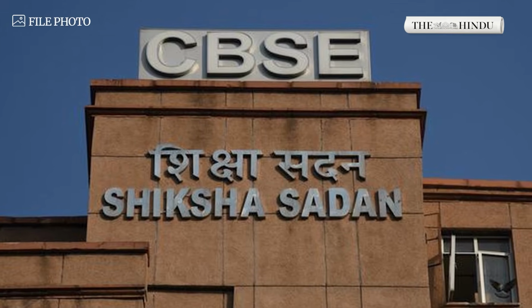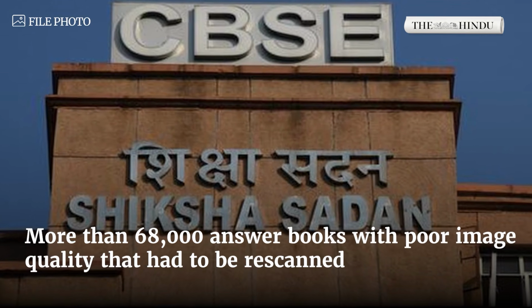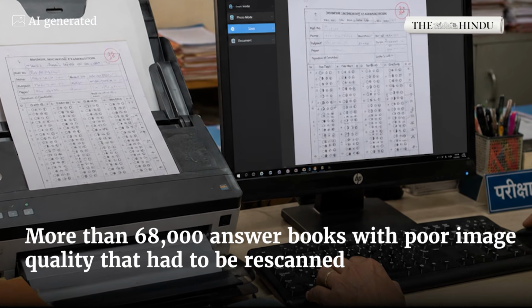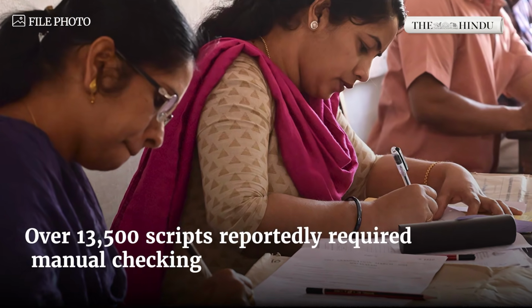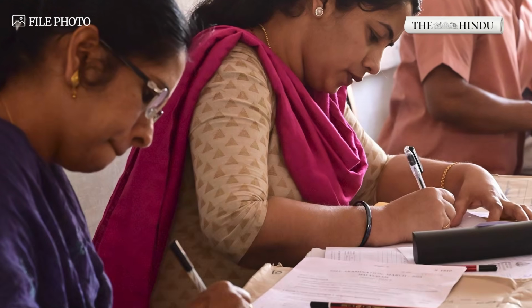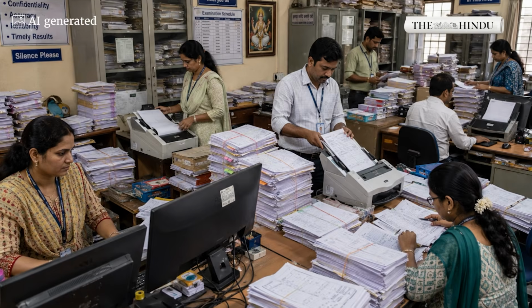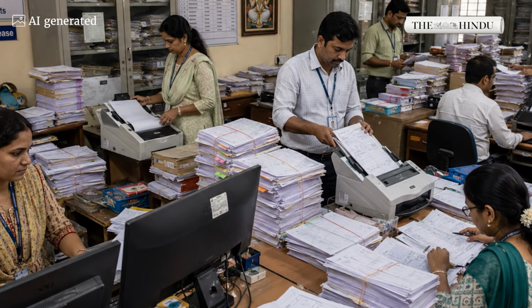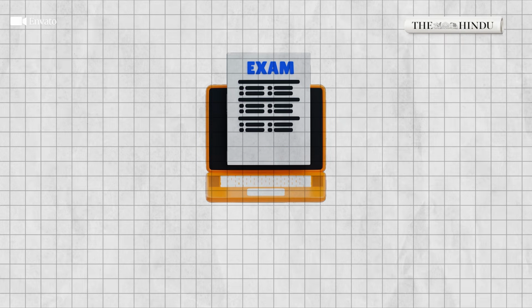The CBSE says it identified more than 68,000 answer books with poor image quality that had to be rescanned. Over 13,500 scripts reportedly required manual checking because they remained illegible even after repeated scans. That number alone tells you the system was already struggling under pressure. Now, to be fair, digital evaluation itself is not necessarily a bad idea.